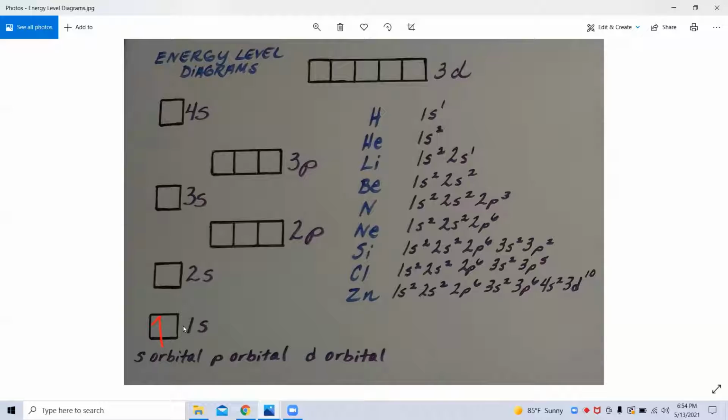You should fit it in the box. So you have to fit this in this box like that. That's one of the arrows. You could do a better job of fitting it in the box, but you get what I'm saying. Okay, so that's hydrogen. So this is your answer right here for hydrogen. Just the 1s orbital. That's all you need.